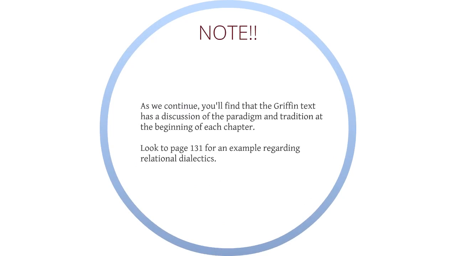So that's it for understanding the sort of mapping the territory, these seven traditions. As we continue, you'll find that the Griffin text has a discussion of each of the paradigms at the beginning of every chapter. If you look to page 131, I just flipped to one randomly, you'll see the beginning page in chapter 11 for relational dialectics. Relational dialectics comes out of the sociocultural tradition and the phenomenological tradition, and is a highly interpretive theory.